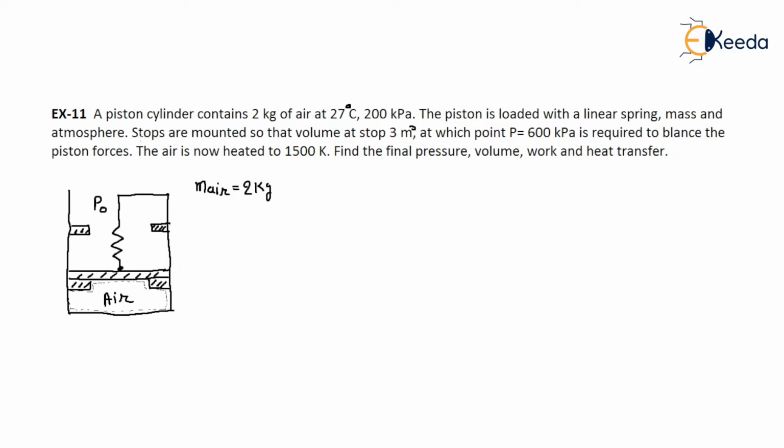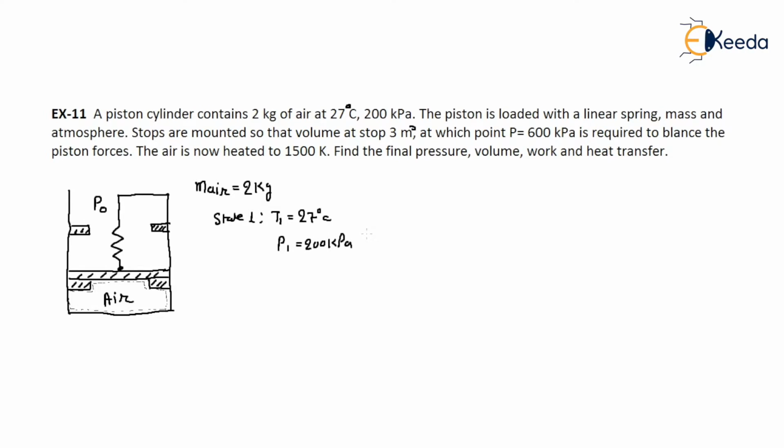Say a piston cylinder arrangement contains mass 2 kg of air at 27 degrees centigrade and 200 kilopascal. That means state 1 is given: T1 is 27 degrees centigrade and P1 is 200 kilopascal, right?